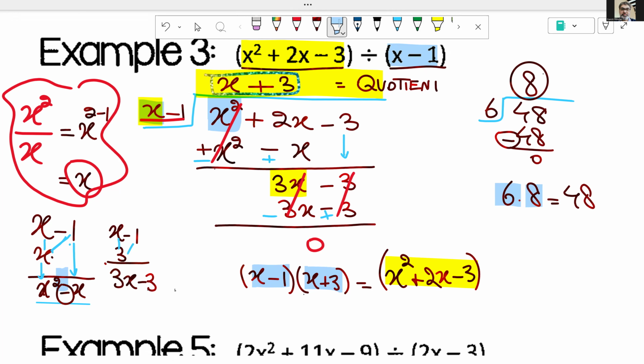Similarly, these two blue highlighted expressions are also the factors of the trinomial. That will lead us toward the factoring of polynomials also, which is actually a division, but we will learn some techniques on that also. Got it? Okay.